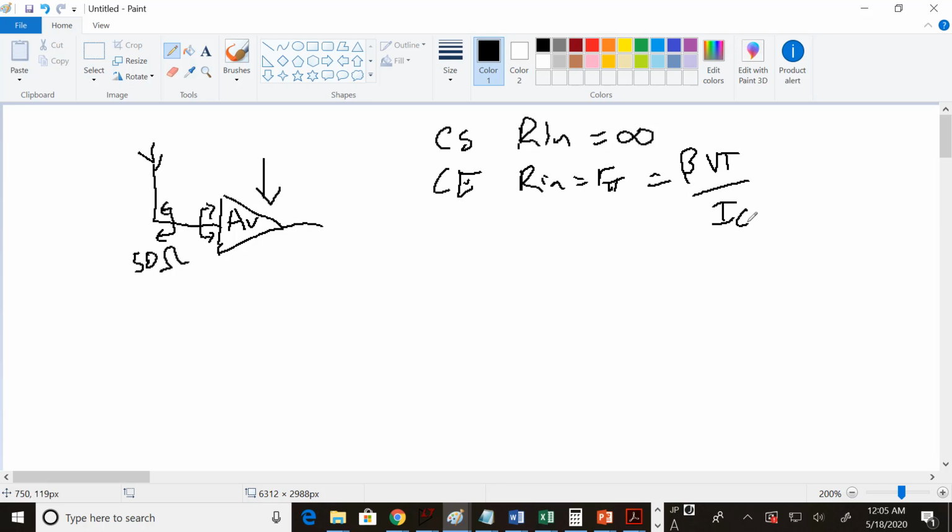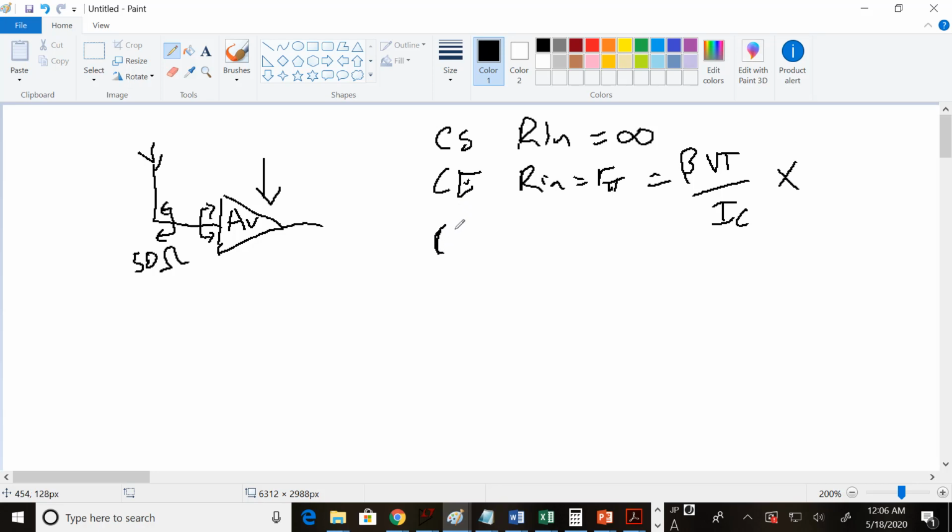For 1 milliamp, this would be 5K or something. If VT was 25 millivolts and beta was 200, then you'd have 5K. So this won't work either. The Rn is too big.